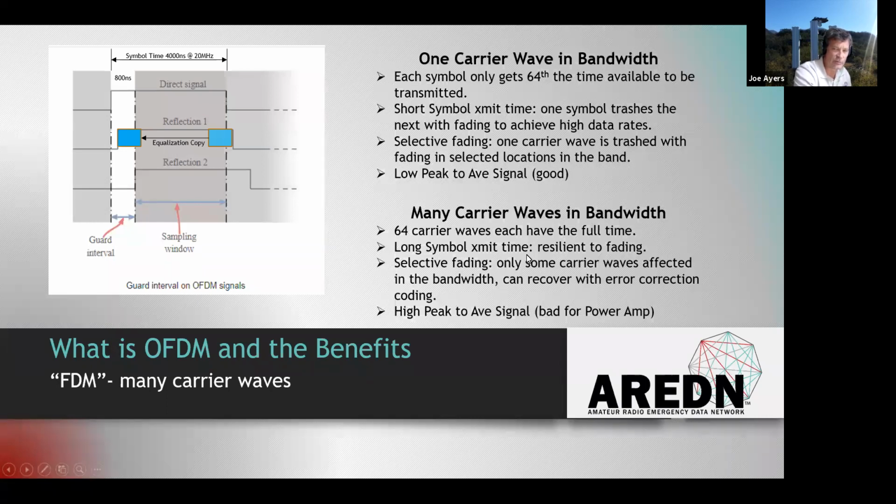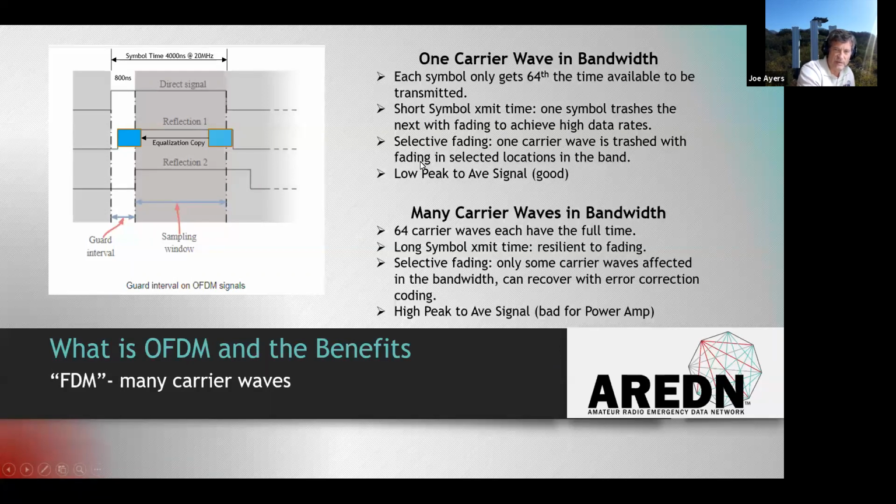But with many carrier waves in the bandwidth, only some of those carrier waves are affected, and there are forward error correction bits that are spread across all the carrier waves, such that although the receiver doesn't get one or more carrier waves and can't detect them, the data that it does receive on the other carrier waves allows it to recover, using the forward error correction. So we can recover that data without having to retransmit it.